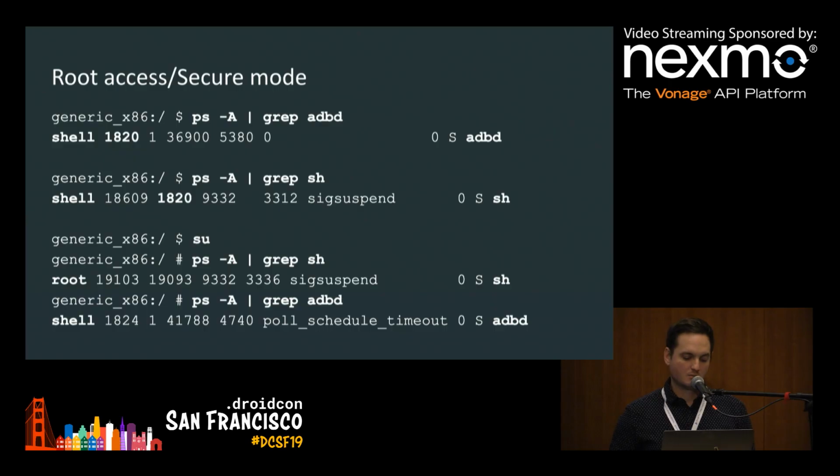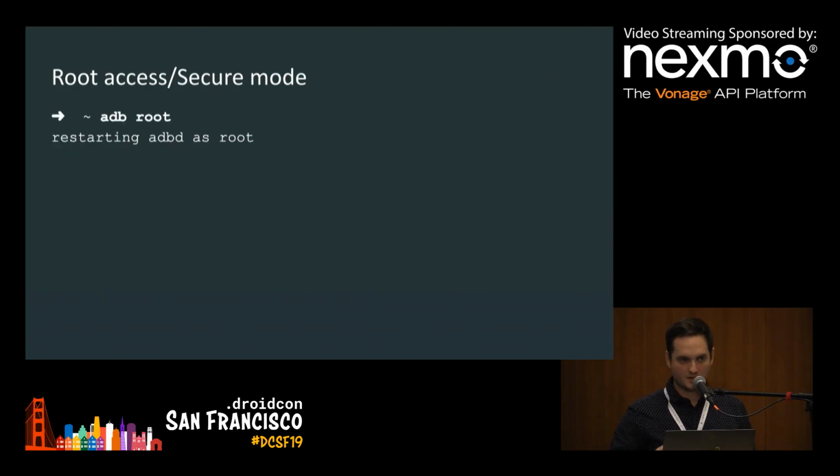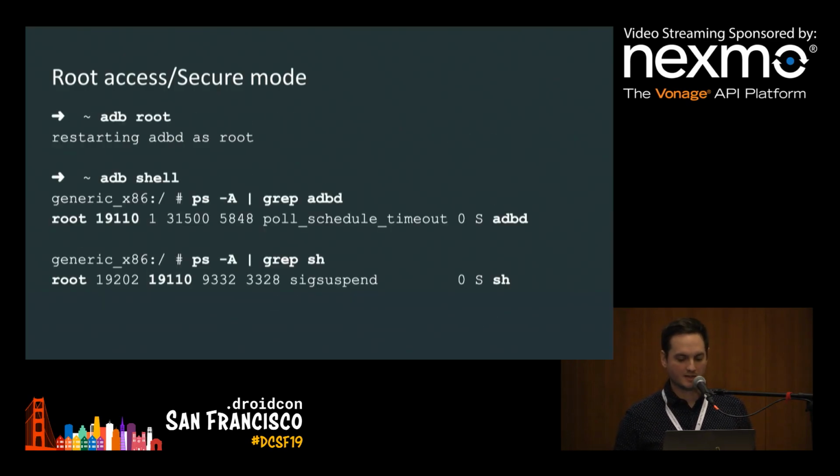At the same time, the ADB daemon is still running as shell. But if we choose to restart the ADB daemon as root, it instantly starts running as root. And now if we spawn a shell from the ADB daemon, then it runs as root as well. It's also interesting to see that the shell's parent process ID is the same as the process ID of the ADB daemon, which means that the shell we're currently interacting with was started by the ADB daemon.